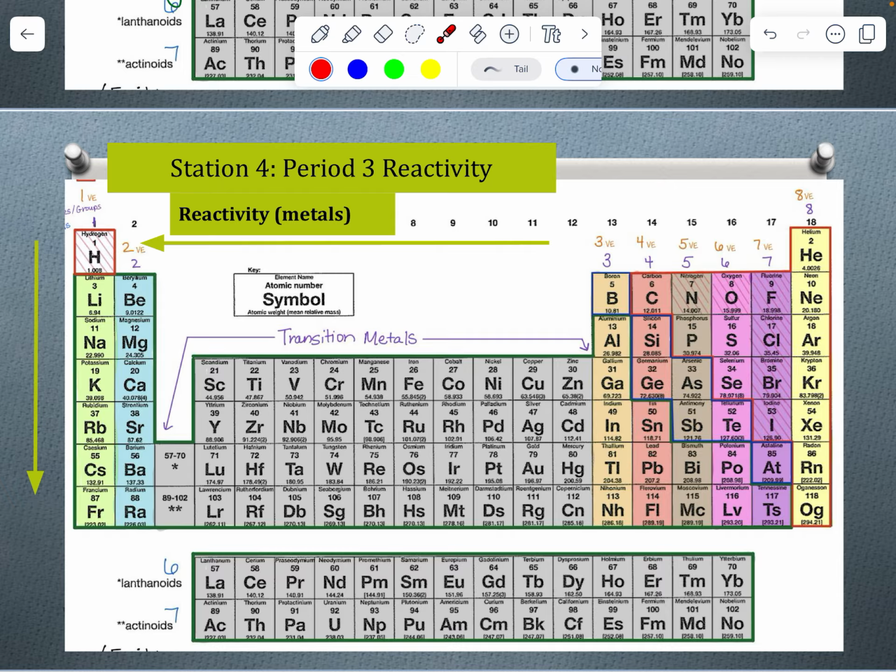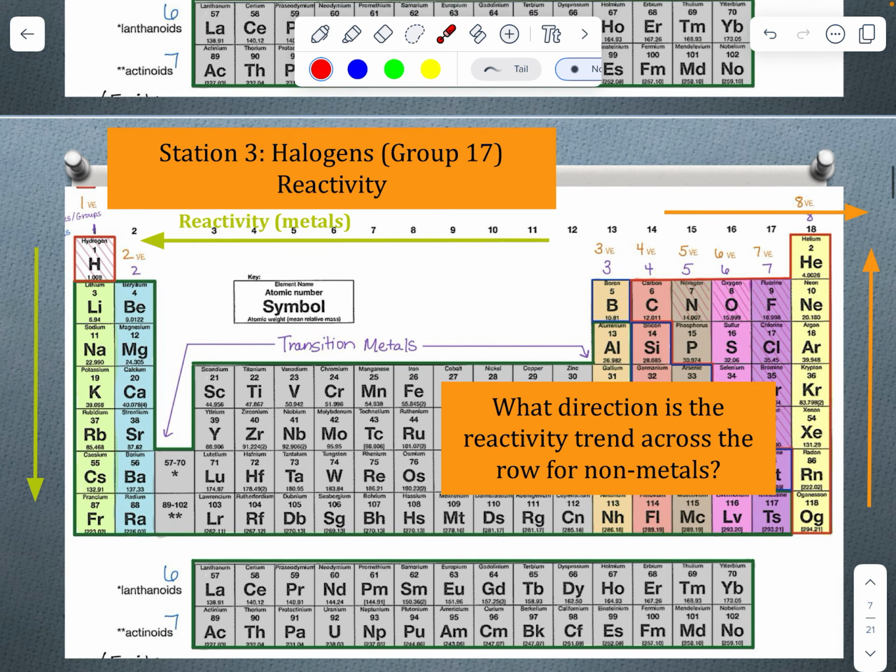But also, if we look at, let's say, boron, which has 5 protons, and beryllium, which has 4, beryllium has fewer protons, so it is going to have a weaker Coulombic force than boron. So it's easier for beryllium to lose those 2 valence electrons to get to that full octet. So that Coulombic force does decrease as we move to the left in a row. So have that reactivity for metals labeled on your periodic table.